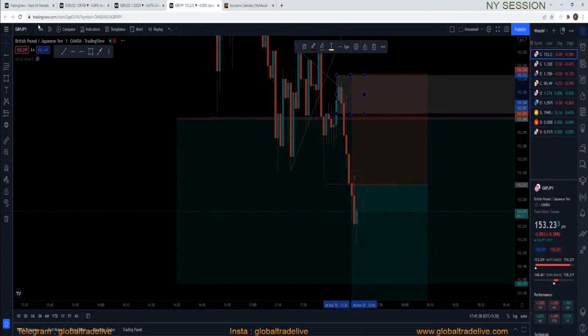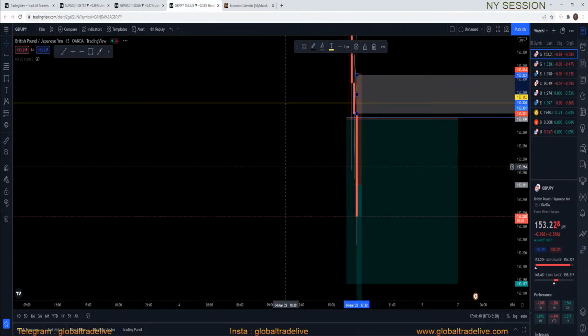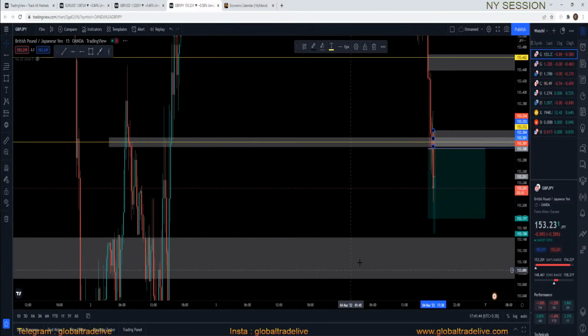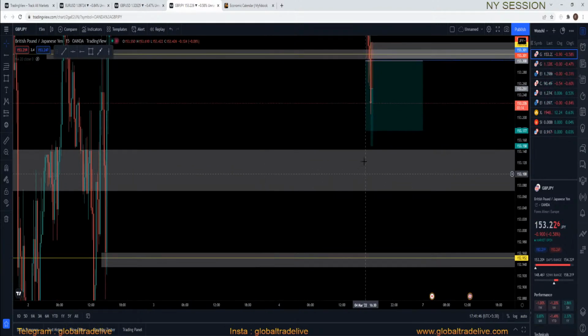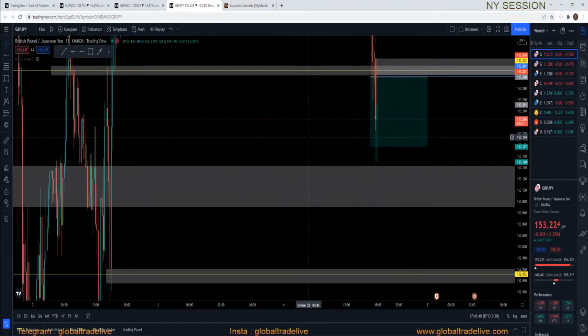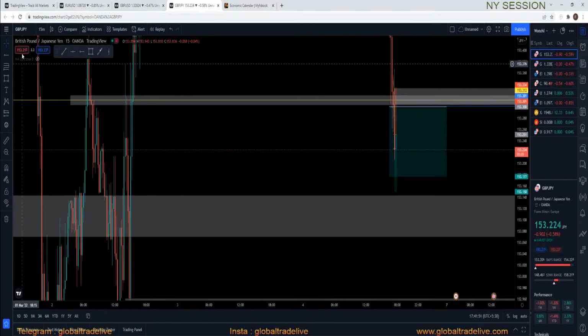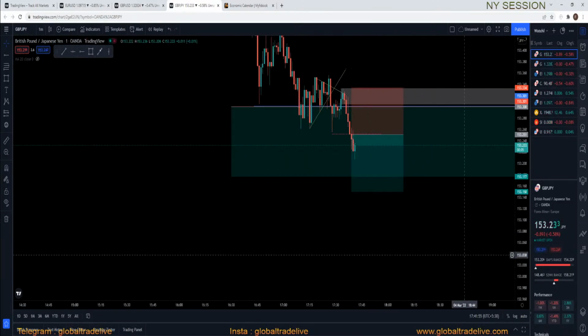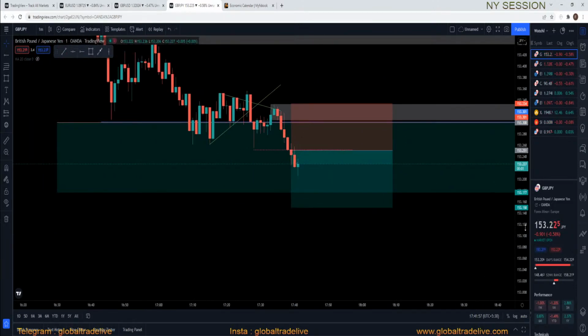And that also means the 15-minute candle, yeah, also dropped. Yeah, it should be dropping down in this area. So I'm gonna stick to the 1-minute time frame, and let's see.